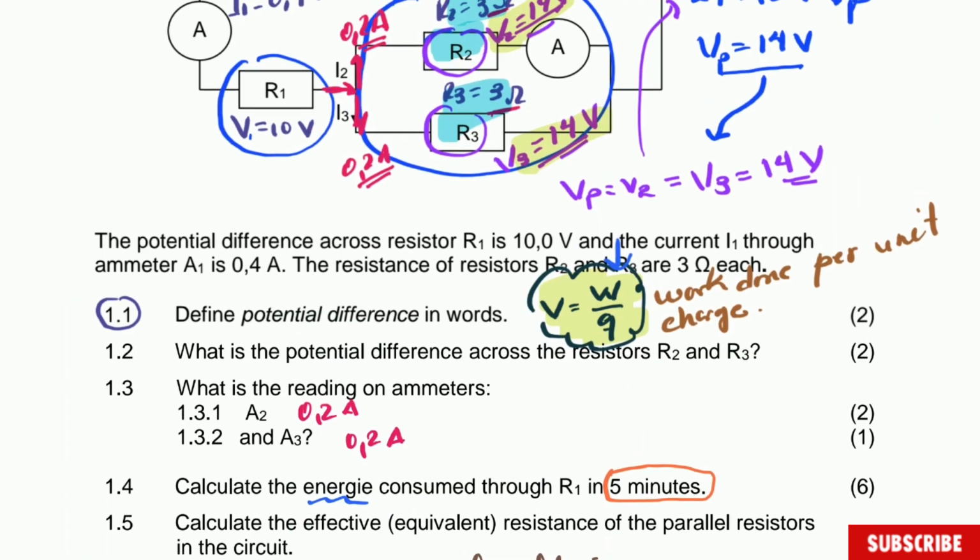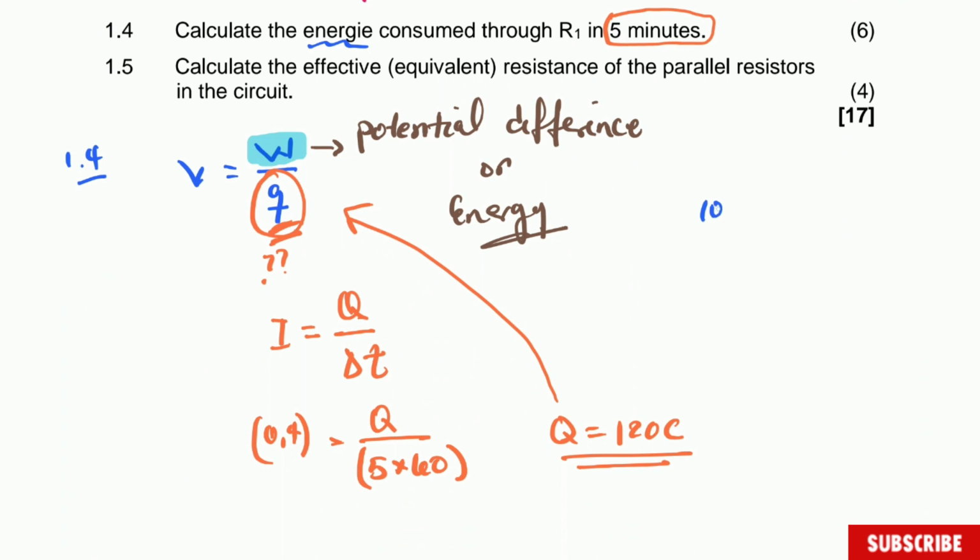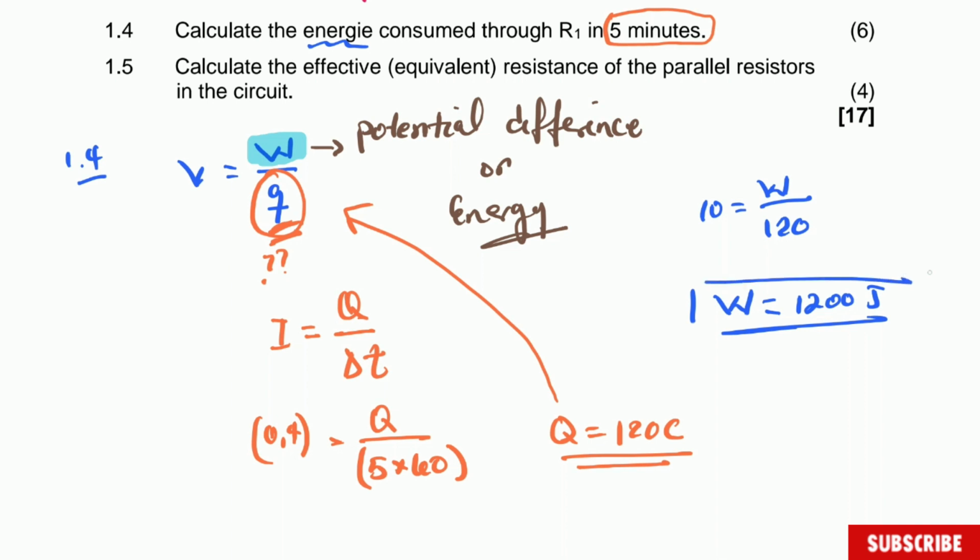So now when we come back here, the potential difference is 10. So 10 is equal to energy, which is W, divided by charge, which is 120 coulombs. And therefore, the answer for the energy is going to be 1,200 joules, and that is the end of this question here.